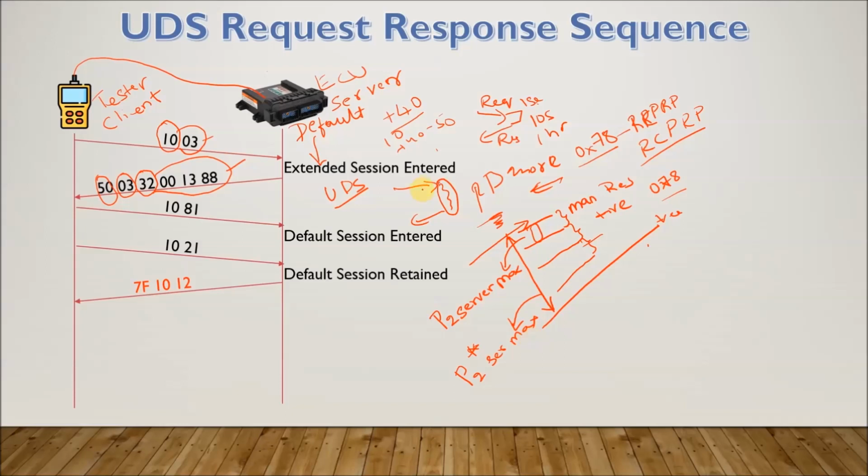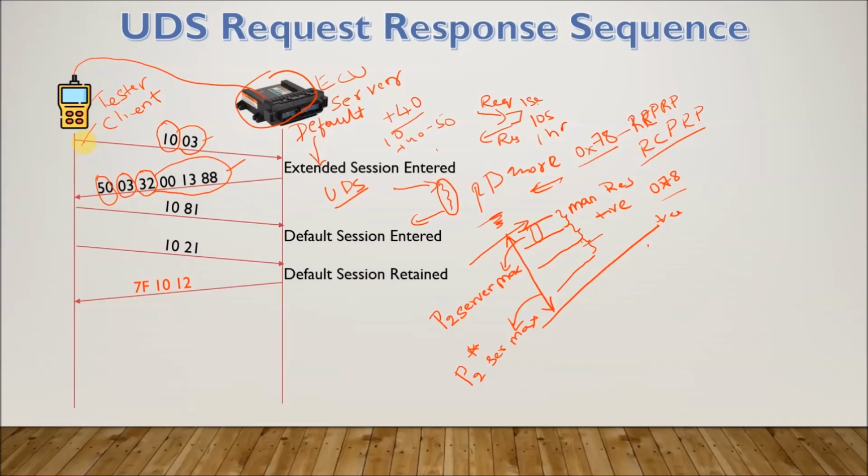This is required because of the server configuration. These two, P2 server max and P2 star server max, are configured here. So now we are entering an extended diagnostic session, or a non-default diagnostic session is being entered, right? So you need to tell the client that for the further requests it is going to send, how much time it is supposed to wait before getting a response, the maximum time it has to wait.